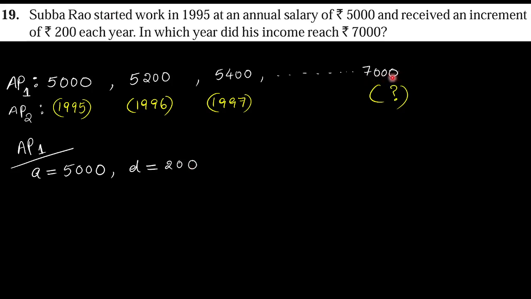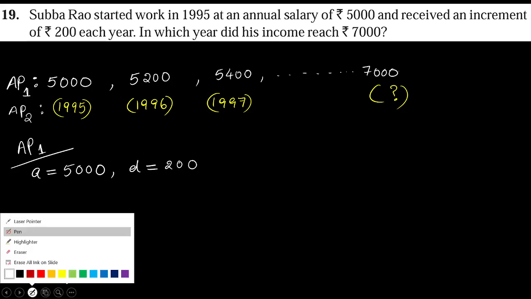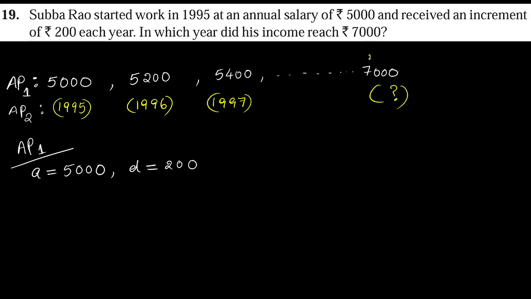And what is this 7000? It is the nth term. We assume that the number of terms is n. So 7000 is the nth term. We have a formula in an AP: a_n equals a plus (n minus 1) into d.